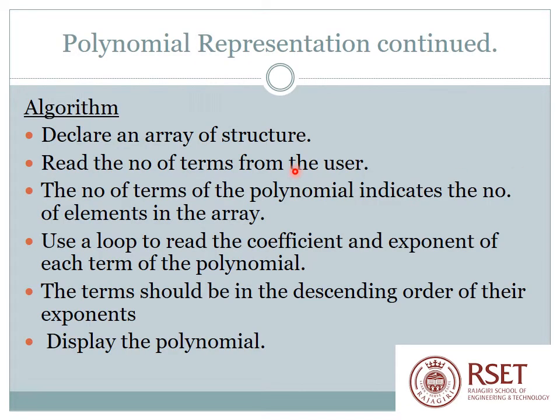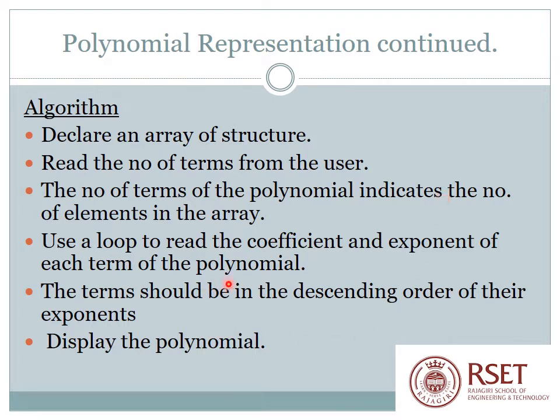Now, the algorithm for representing the polynomial using an array. First you have to declare an array of structure. Then you read the number of terms from the user; the number of terms of the polynomial indicates the number of elements of the array.